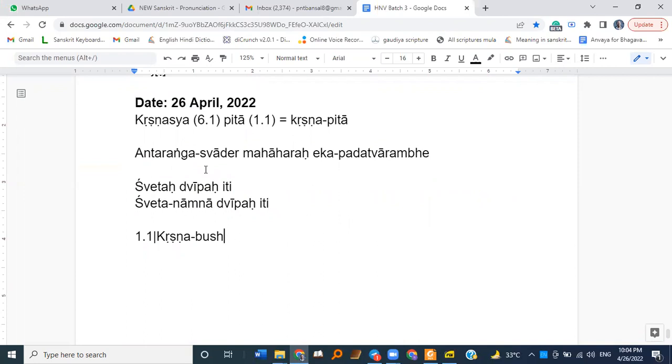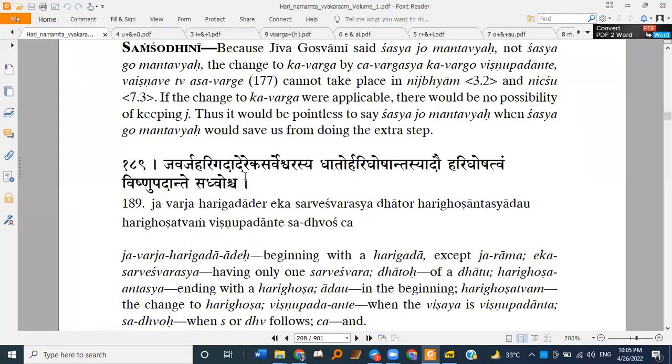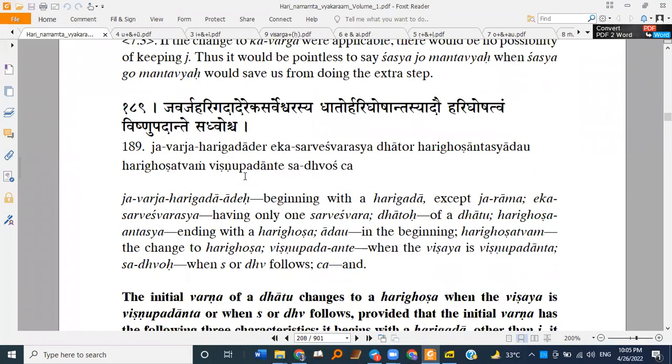Oh, it became Bush. So this sutra says, Harigadadere Sarveshwarasya Dhator Harighoshantasya Adau Harighoshatvam Vishnupadante Sadhoshcha.